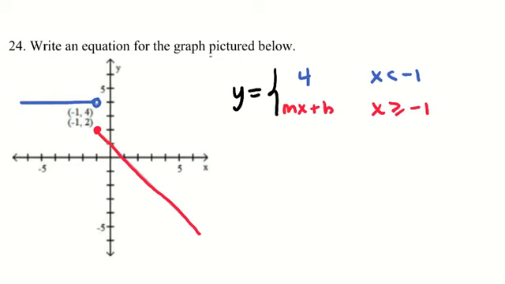The slope is negative 1, I can see. So I'm going to replace the m with a negative 1. And b is positive 1, that's the y-intercept. So it's negative x plus 1. You could also write this as 1 minus x, but no need to, because when it comes time for the test, you're just going to be recognizing the right answer anyway.